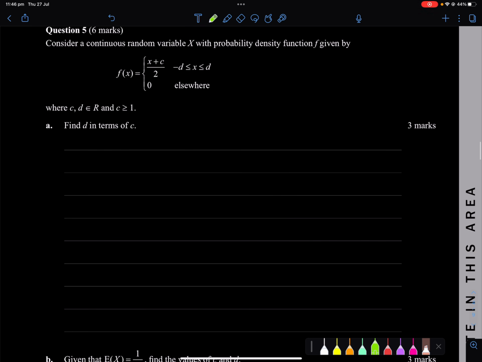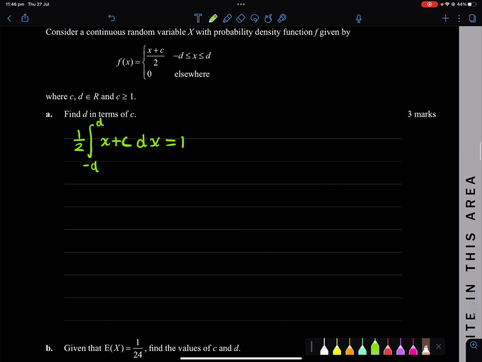Okay, so what I'm going to do is find the integral from negative d to d of the function. I can actually take the half out anyway, of x plus c dx equals 1. Because if we go to the lower bound and the upper one and find the full area, it should be equal to 1 because it's a probability, the max value is 1.